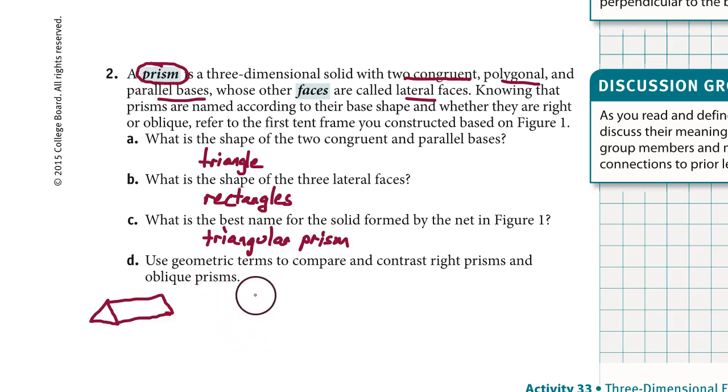Next question, what's the difference between a right prism and an oblique prism? In a right prism, all of the lateral faces are rectangles. In an oblique prism, some of the lateral faces will be parallelograms. Contrast these two triangular prisms. Here's my first prism.